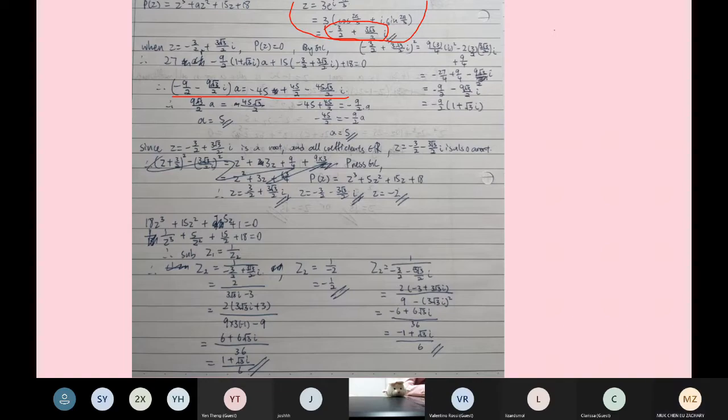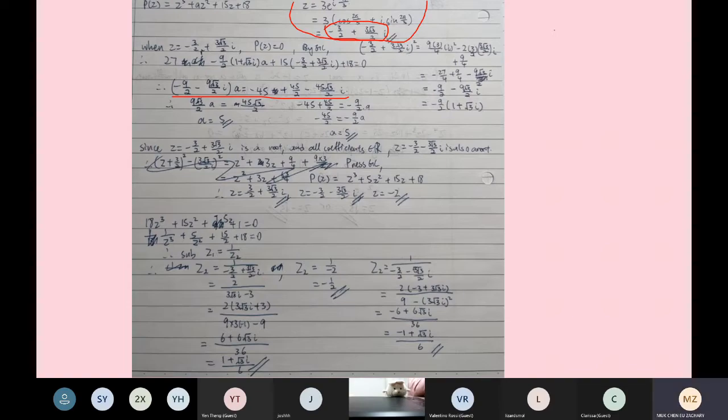Imagine you get square root 3 over 8, which is some weird number. Square root 3 is 1.732, and square root 2 over 2 is 0.707. So I highly don't recommend you press GC when there are square roots.